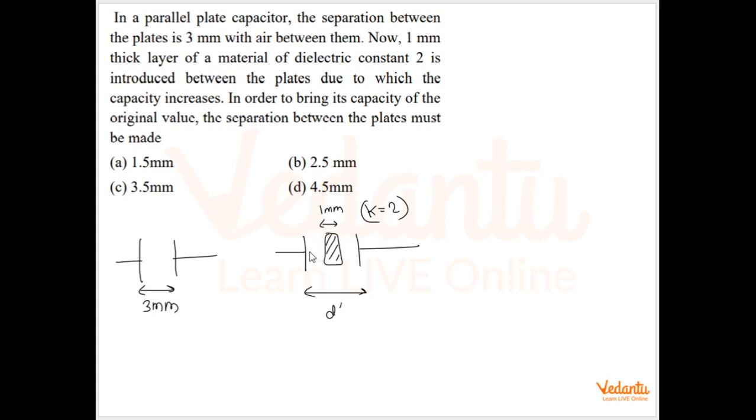Now, let's say this distance is x and y. You should know that x plus y plus 1 mm is equal to d dash mm. Let's take the value of d dash in mm. So x plus y will be nothing but d dash minus 1 mm.